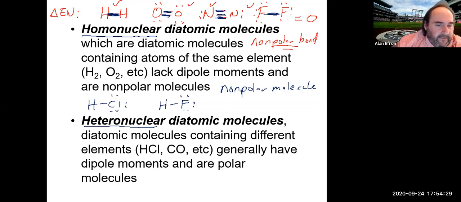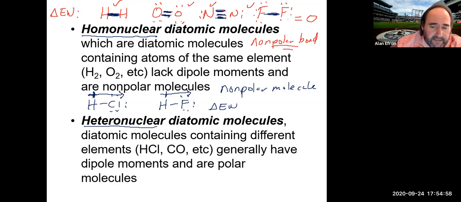Here we have different elements, and if we did the difference in electronegativity values for each of these, again, what we would find is the chlorine in this case would be more electronegative, and the fluorine would also be more electronegative. So we could draw these bond dipoles, again, pointing to the side that's more negative, and the back end, which makes the plus sign, is the side that is more positive.